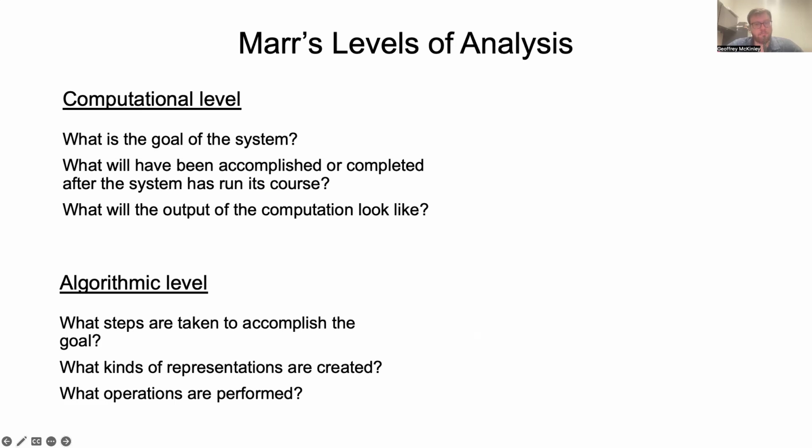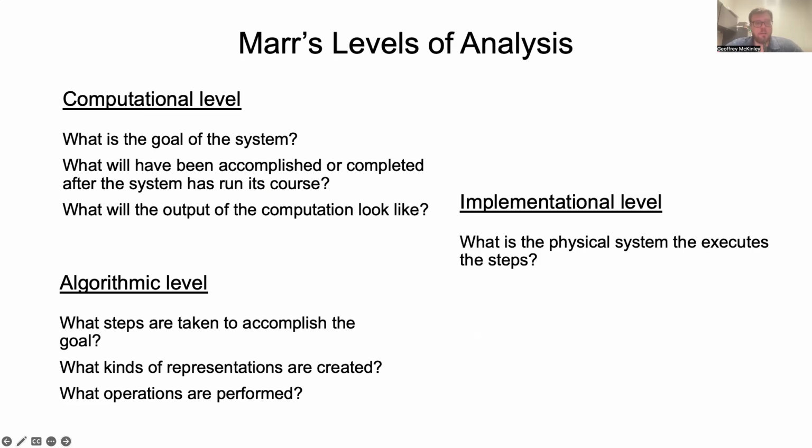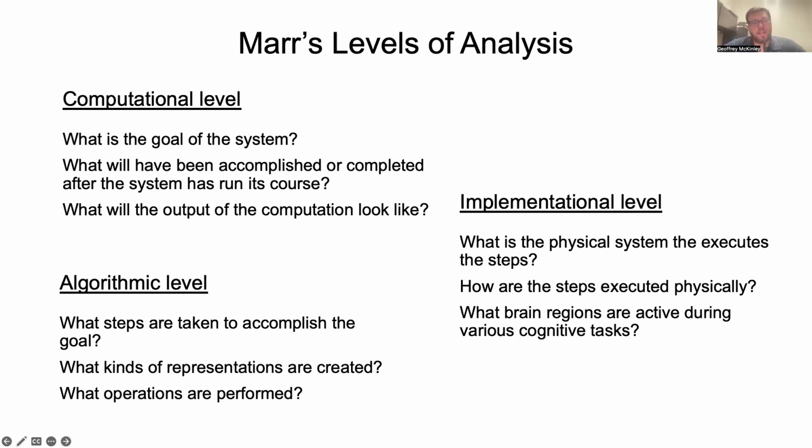And then at an implementational level, you may ask what is the nature of the physical system that executes those steps, right? Is it a computer or is it a human mind, a brain, that kind of thing? You could also ask what brain regions are involved, how are the steps executed physically, that kind of thing.